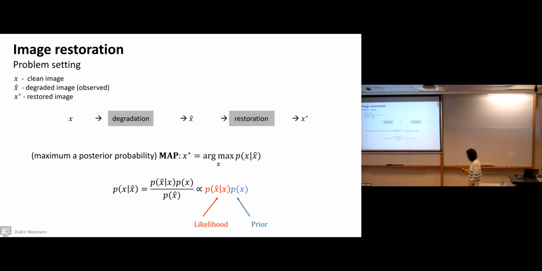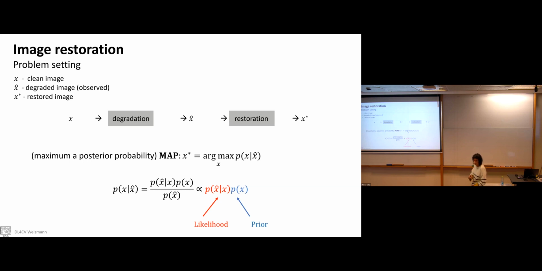This is called the likelihood, and this is called the prior. This is the prior of, for example, natural images. And this is the likelihood: given the clean image, how probable is it that I'll get the observed image. And we would like to maximize the maximum a posteriori probability.